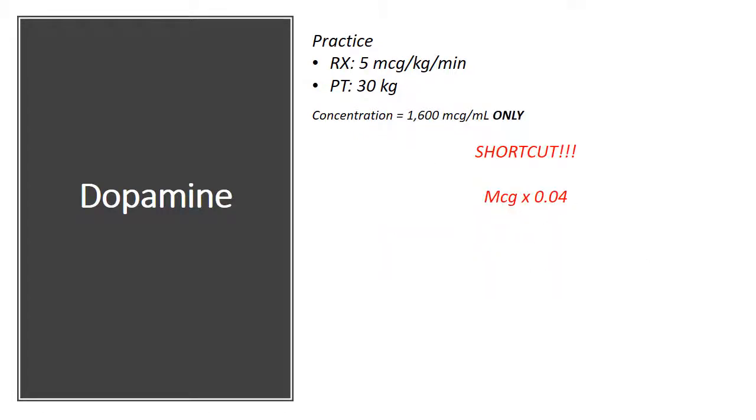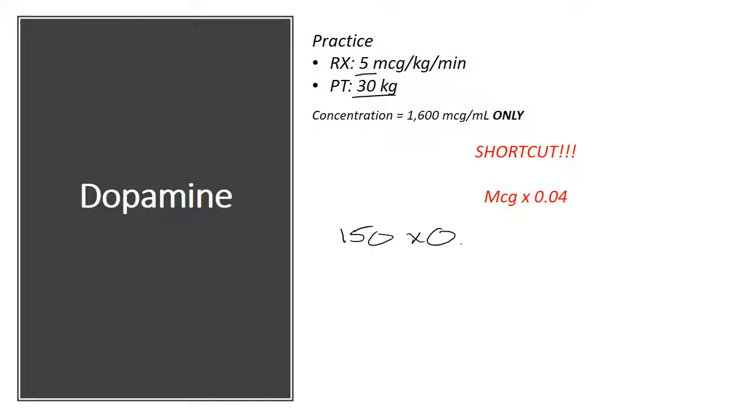So let's do a shortcut. Less complex math, just some different numbers you need to remember. Okay, so in this same thing, we need to figure out how many micrograms we need, and we're going to multiply that by 0.04. So again, now we need 150 mics, and that's based off of the 5 times the 30.